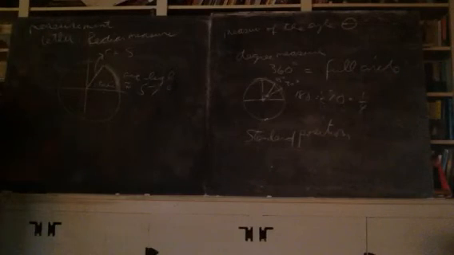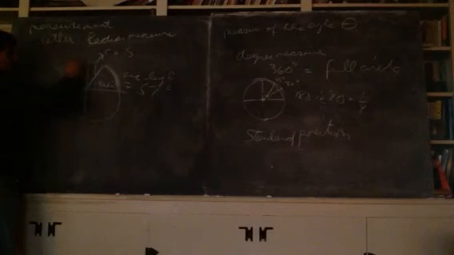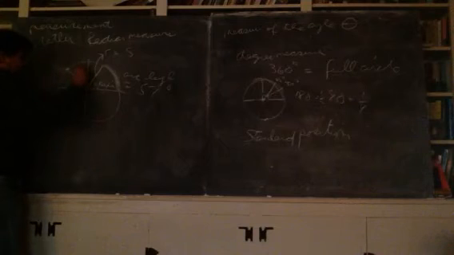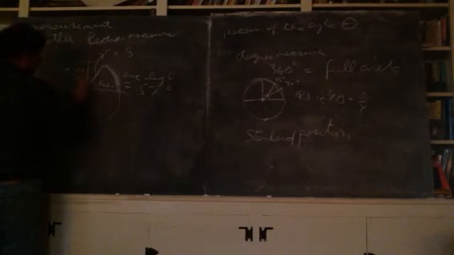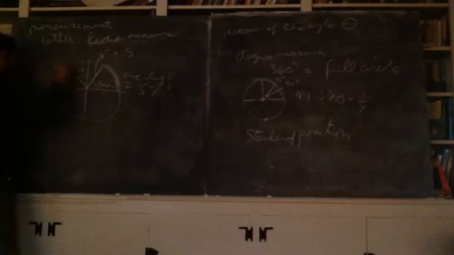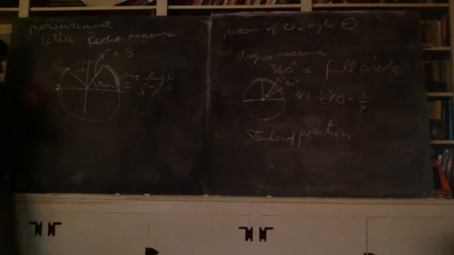Now think about what we're talking about. That's 1 radian. Over here or so is 2 radians. And right here is about 3 radians, 3.14 radians. So 180 degrees is pi.